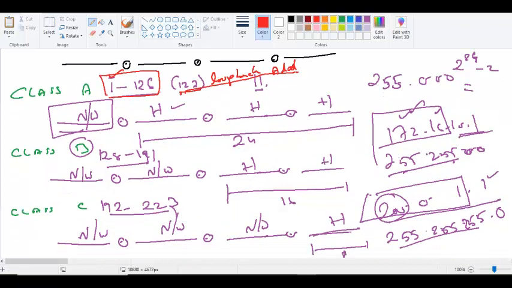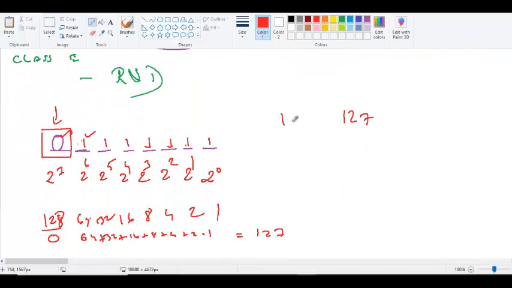Now let's see how they came up with class B. Class B, I told you the range is from 128 to 191. What they did is, for class B, they made 1 0 constant, meaning you cannot change that 1 into 0 and 0 into 1. They are constant.